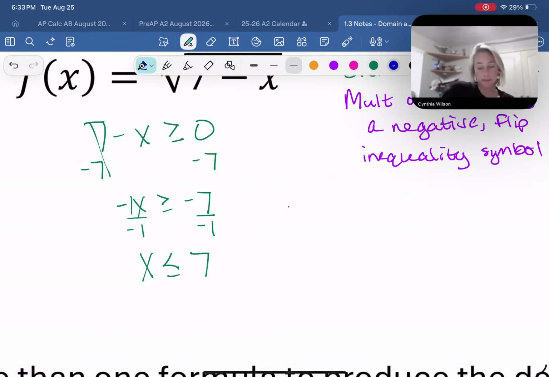Okay. Sketch a number line. Put your 7 on that number line. That's an equals to. 7's closed. On which side of the 7 are the x's less than? Good, I see an answer there.